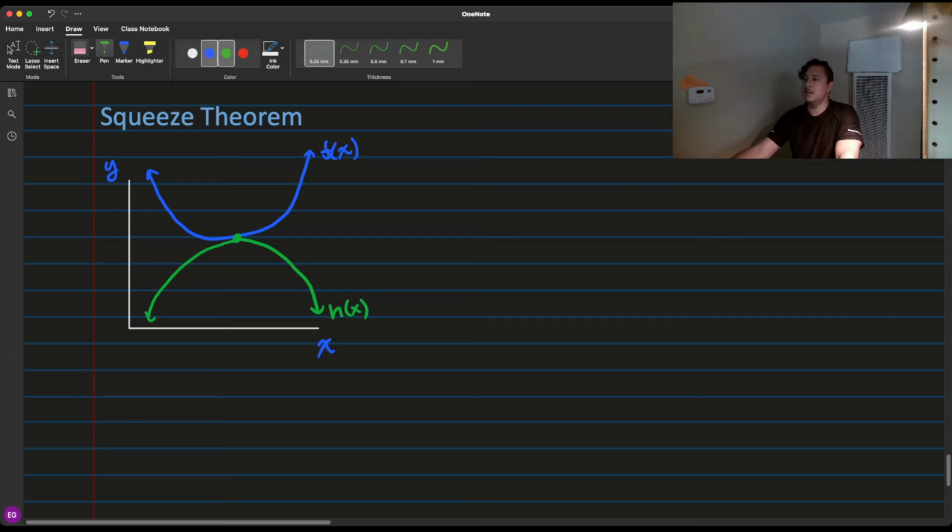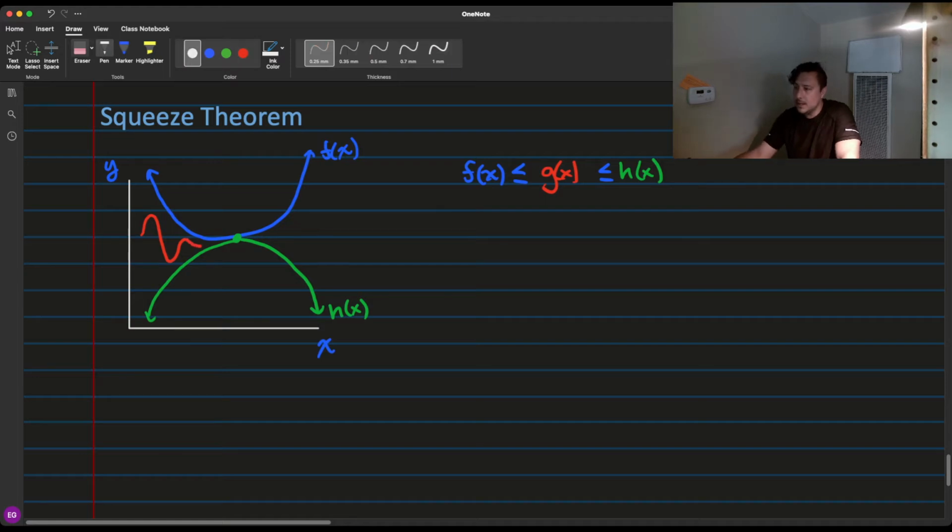So what we have so far is our f of x is always greater than our h of x. So our h of x is less than or equal to f of x. Now imagine there was a g of x between them. So g of x is like, I don't know, over here doing something, and it has to be between them.